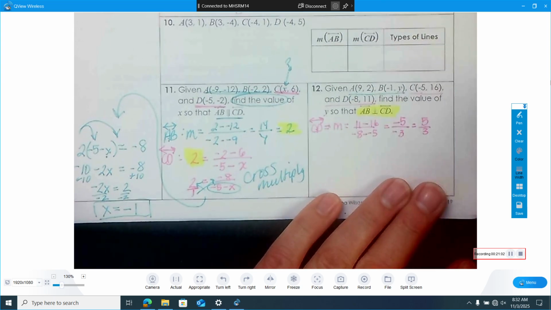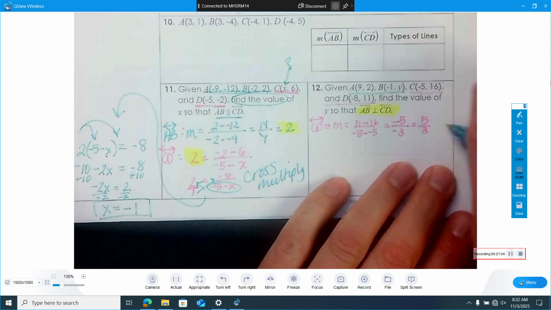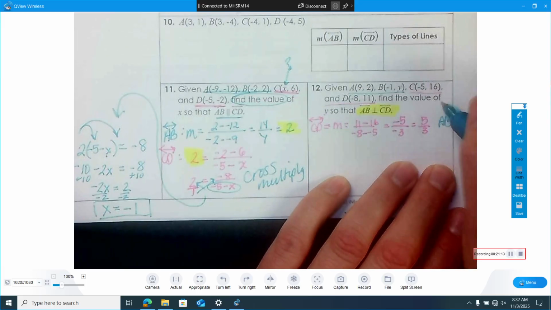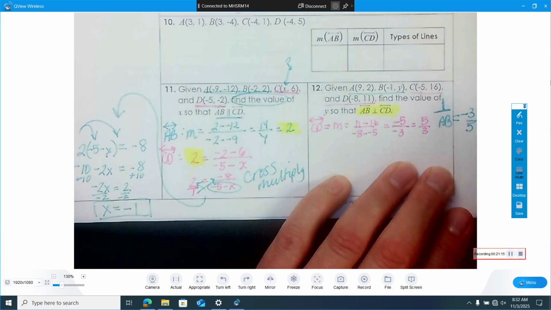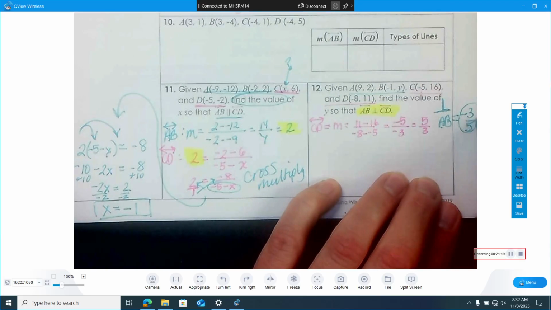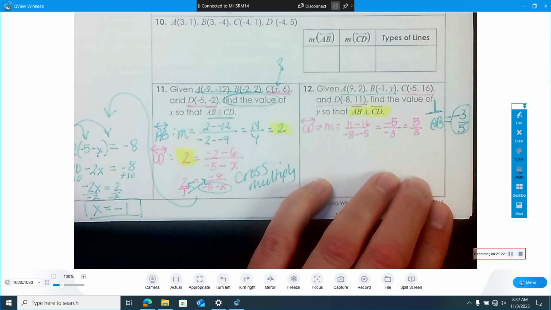Beautiful. Which means, what does AB's slope need to be? Negative 3/5. Very good. To be perpendicular, yeah? So we want AB to be perpendicular, so we know that it has to be negative 3/5. Does that make sense to you?